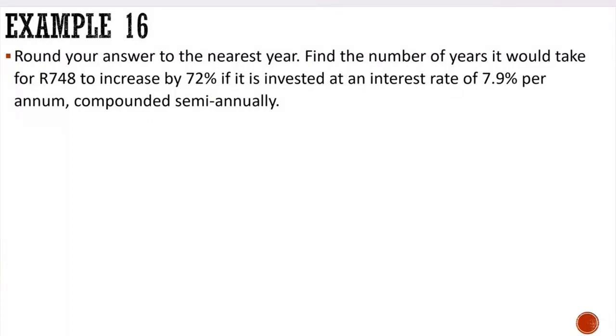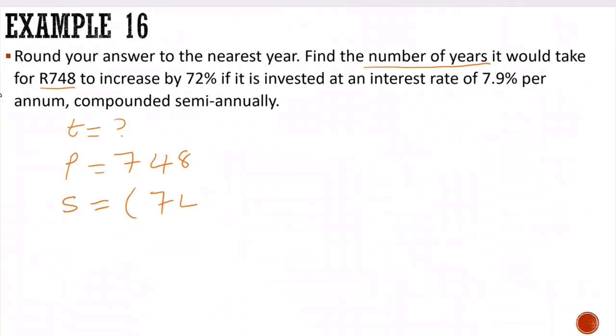Okay. So the question is saying, find the number of years. We are looking for t. That it will take for this present value amount to increase to an accumulated amount. That means your 748 is going to increase by 72%.